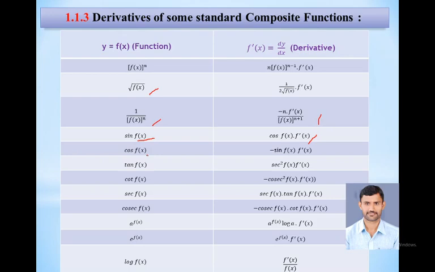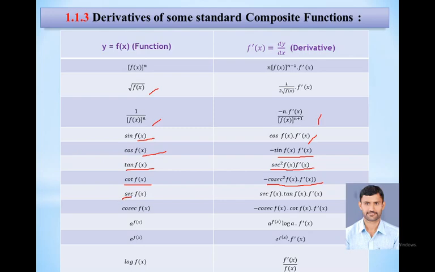If function is cos of f of x, then its derivative is minus sin f of x into f dash of x. If function is tan f of x, then its derivative is sec square f of x into f dash of x. If function is cot of f of x, then its derivative is minus cosec square f of x into f dash of x.